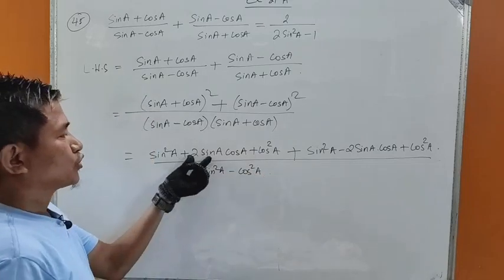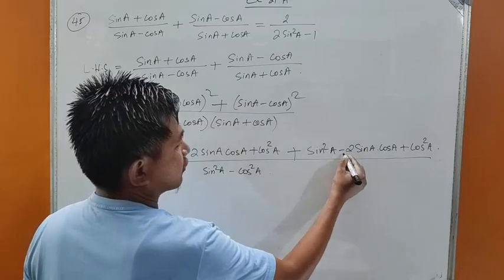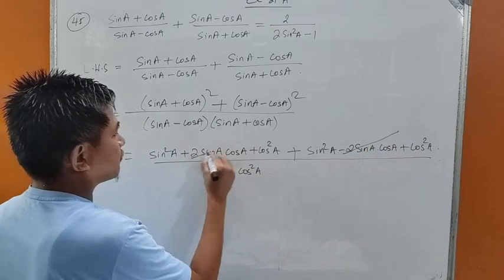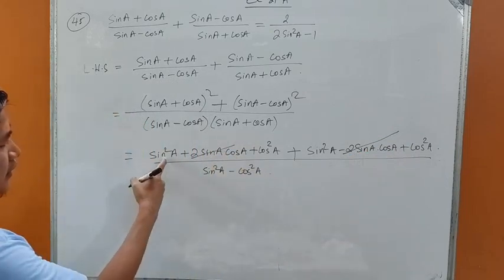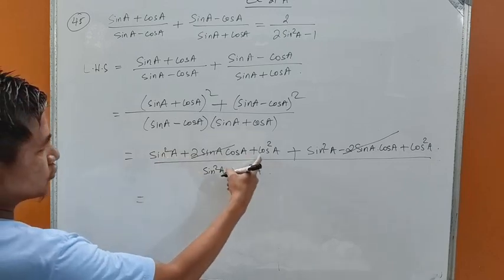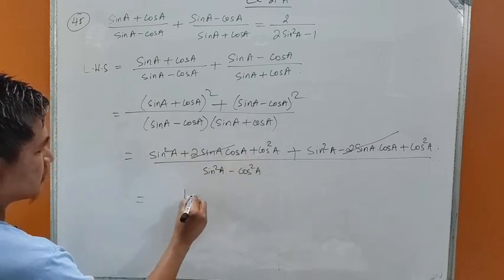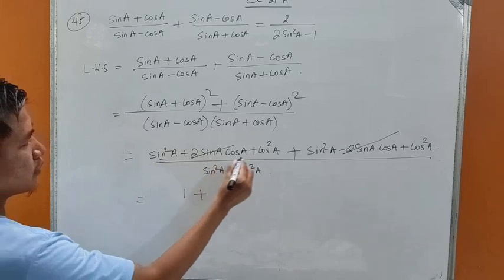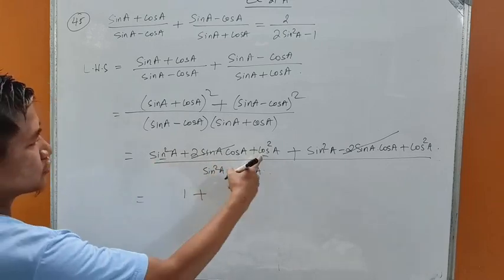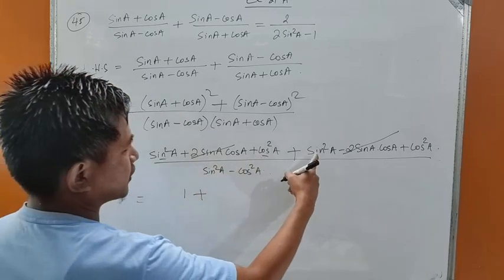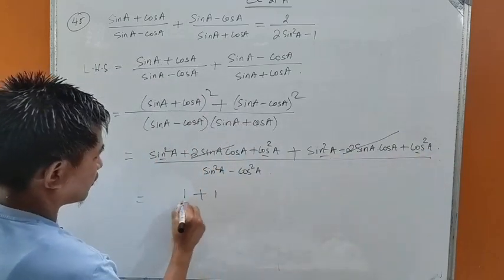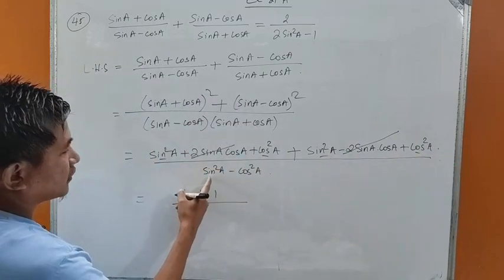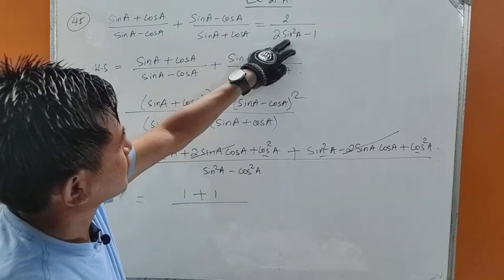Now we have plus 2 sin A cos A and minus 2 sin A cos A, the same number, opposite sign, so we can cancel these two. So sin square A plus cos square A means 1, isn't it? Plus these two, sin square A plus cos square A means 1. Again plus 1, whole upon this sin square A. We need sin square A, isn't it?